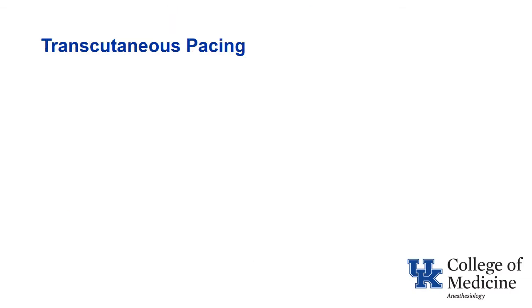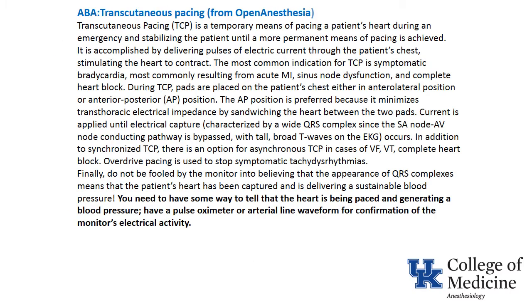Now moving to transcutaneous pacing. This is a cut and paste summary from open anesthesia, and the bottom line is that with transcutaneous pacing you have to be certain that there is a pulse.